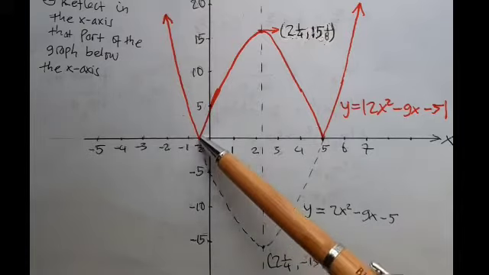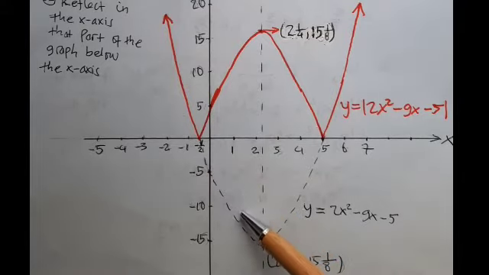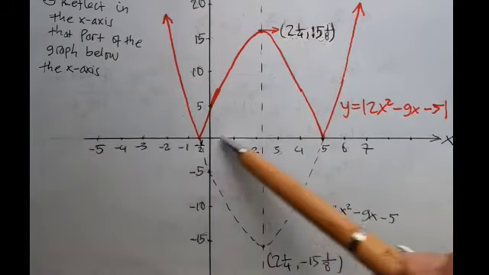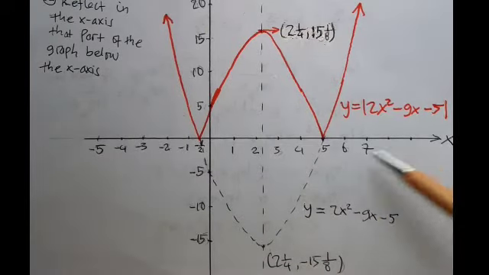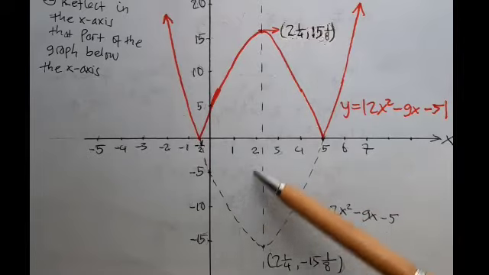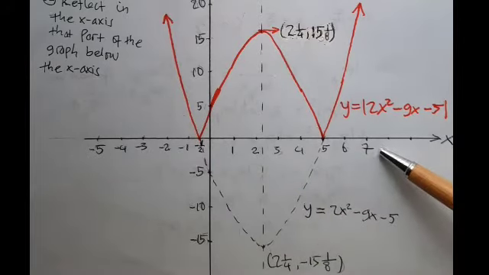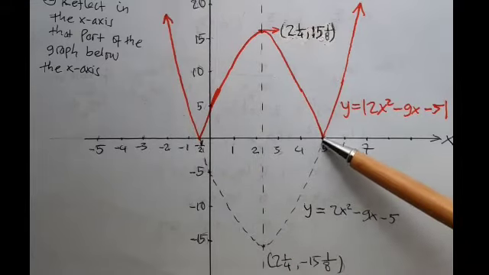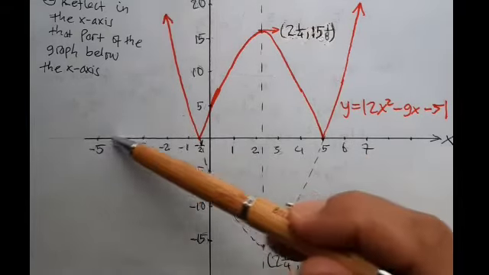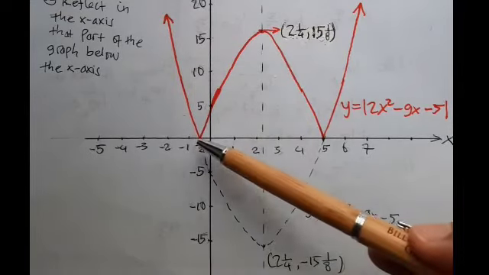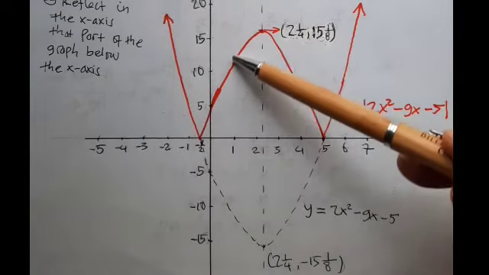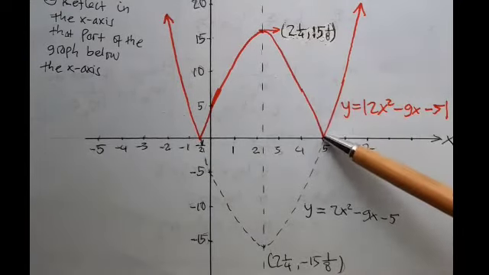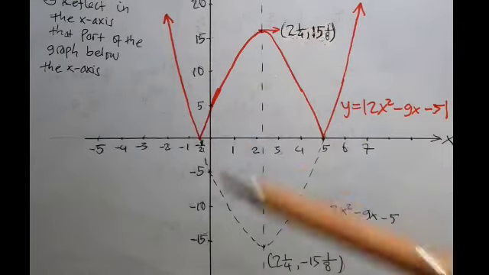The part below the x-axis we reflect in the x-axis. If we reflect this part in this mirror line, the x-axis, we obtain this part.